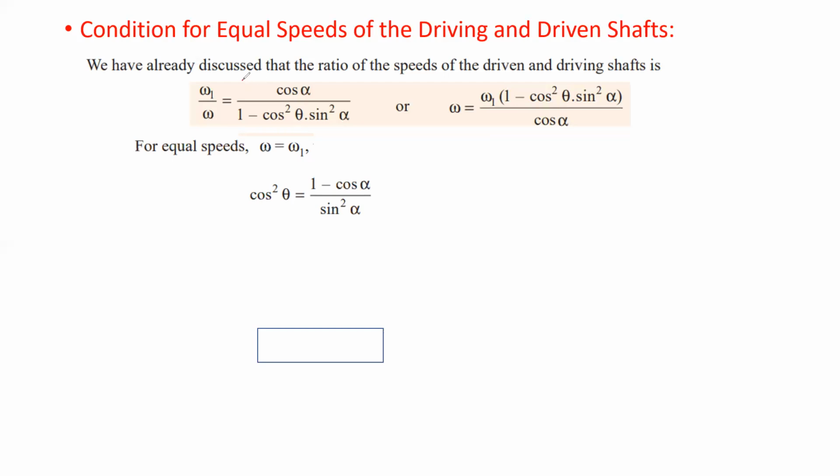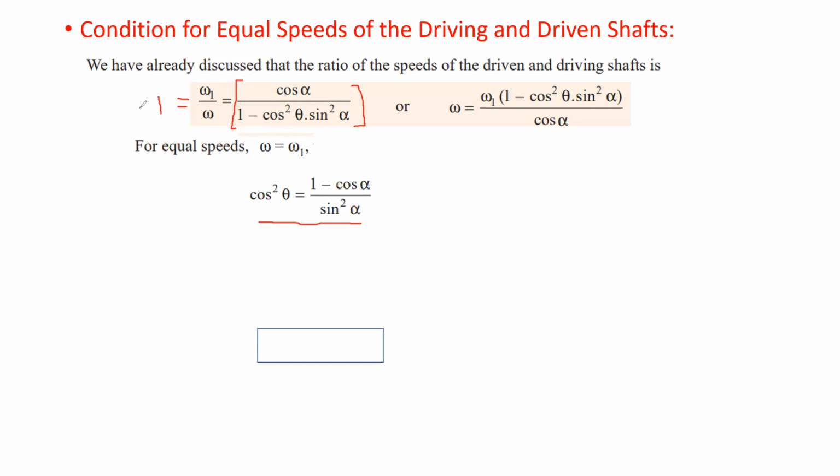okay, so if this particular ratio is 1, then automatically omega 1 will become equal to omega. Okay, so it is rearranged. What is separated out is cos square theta. So you separate out cos square theta and you will get this expression. Here it is equated to 1.